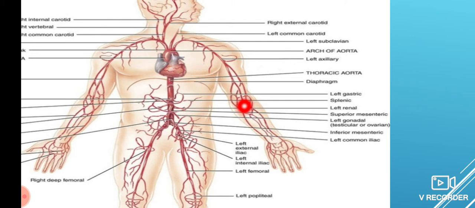Here, when the brachial artery reaches the cubital fossa, it suddenly divides into an ulnar artery and a radial artery. Radial artery passes along the radius side, ulnar artery passes along the ulnar side. Finally, it enters into the palm, where both radial and ulnar arteries undergo anastomosis.